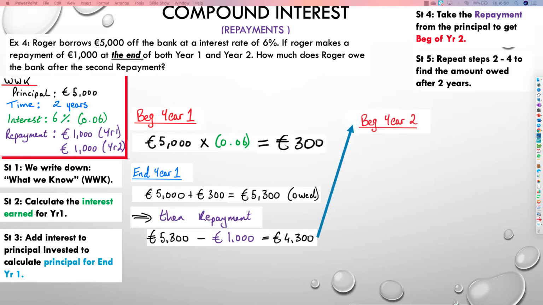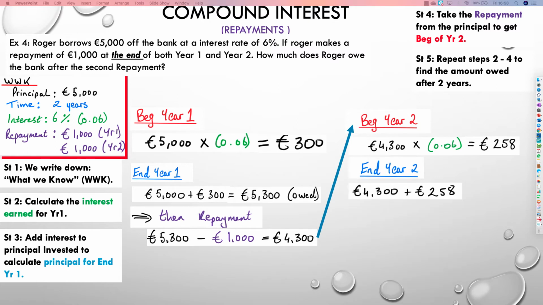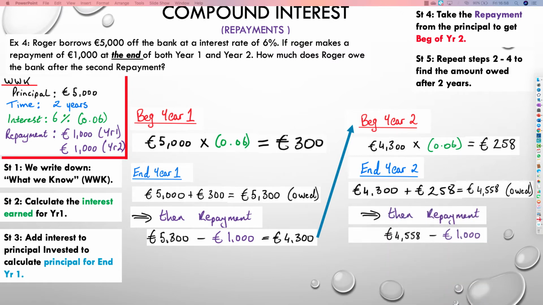So that's 4,300 multiplied by 6%, which is €258. So at the end, he owes €4,558. Is that okay? But what happened then? He makes another repayment of €1,000. That's €4,558 minus 1,000, which is €3,558, and that's how much you owe at the end of 2 years.